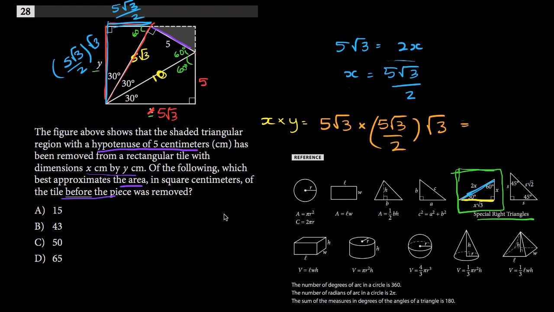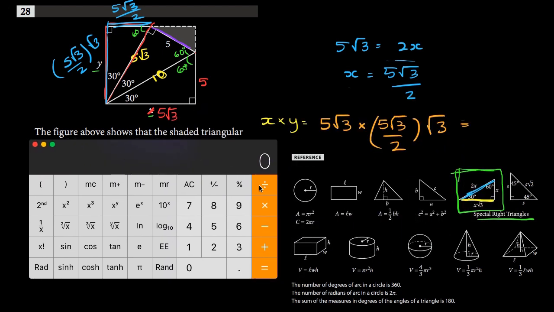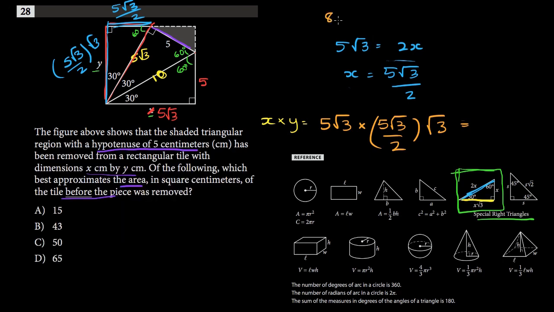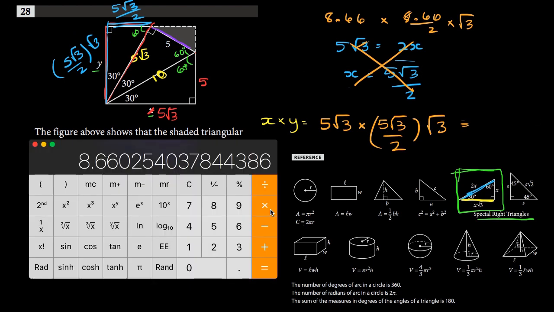If I take out my calculator, I can just plug that in. 5 root 3 is 8.66, so I can write 8.66 times 8.66 divided by 2 times root 3. 8.66 divided by 2 is going to be 4.33.